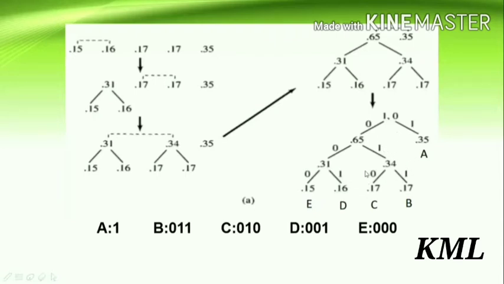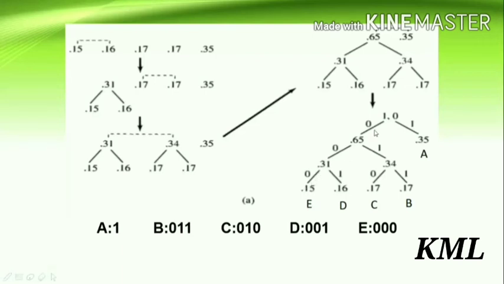So now we have to compute the code words for the corresponding source letter. So see here we have 0.15 here. What is the source letter that corresponds to 0.15? It is letter E. Okay, so what is the code word for E? Let's see. We have to traverse from root to the child node, that is E. So we get 0, 0 and 0.